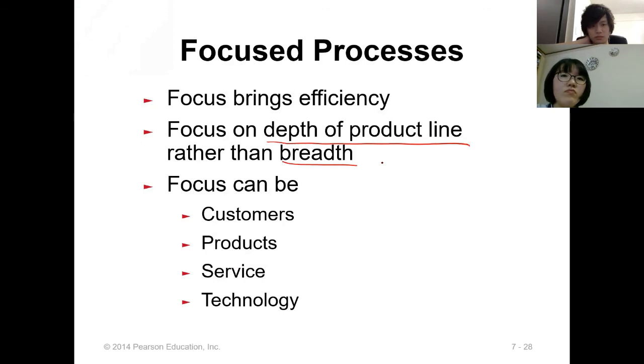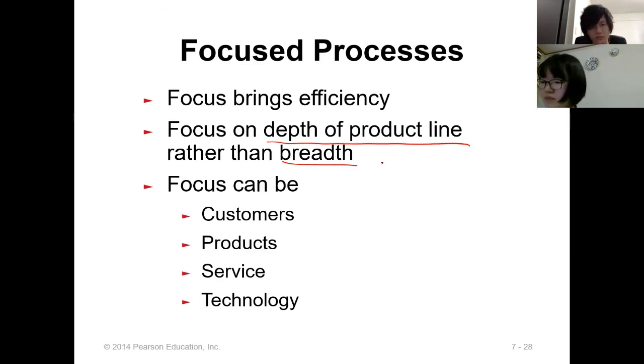Breadth means, for example, if I make bottled drinks, Pepsi Cola only makes carbonated drinks, meaning with carbon dioxide. They put in different brands, but they don't make mango juice. They don't make milk. Otherwise you lose focus.